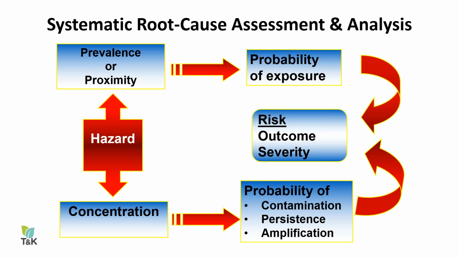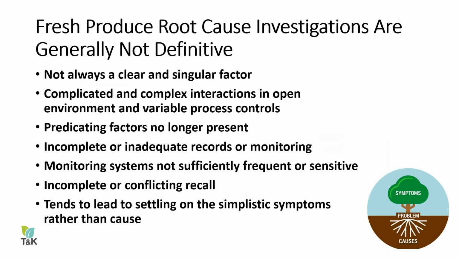But a lot of it comes down to how well it persists in the open environment or within a packing, handling, or processing facility, and particularly opportunities for amplification of the bacterial foodborne pathogens. So all of that goes into the equation to understand the risk.